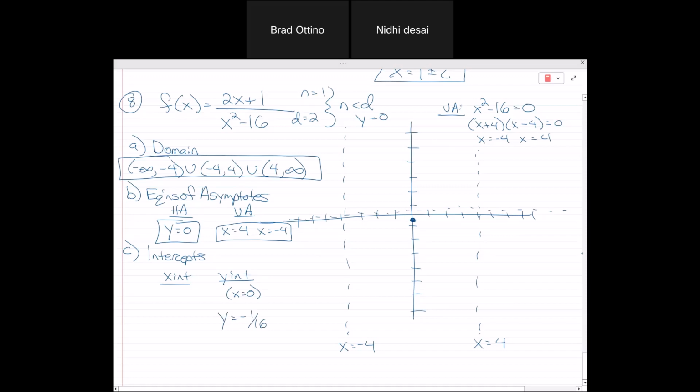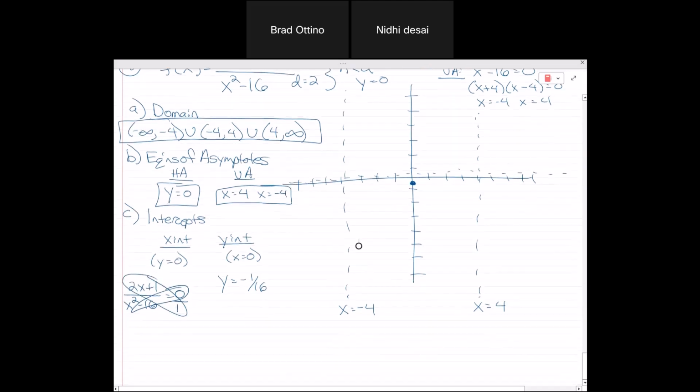To get the x-intercept, you have to make y equal to 0. So if we do 2x plus 1 over x squared minus 16 is 0, cross multiply, you just get 2x plus 1 is 0, so x is negative 1/2.